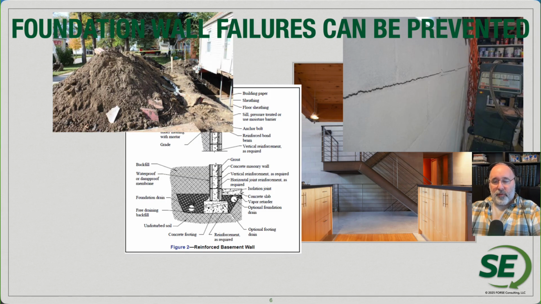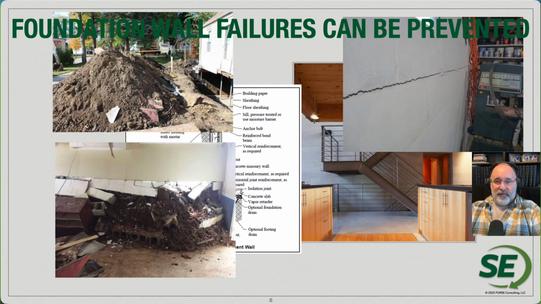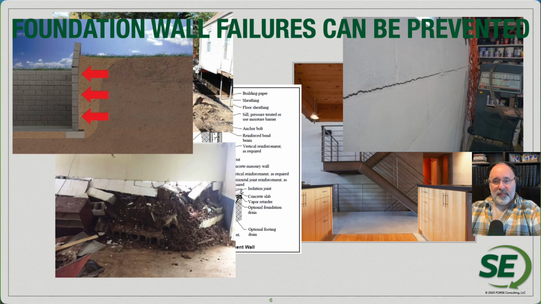So cracks in walls and breaks in walls are certainly things that we are cautious of. The overall failure of walls is a lot of times going to be caused by an excessive amount of horizontal force on the wall.